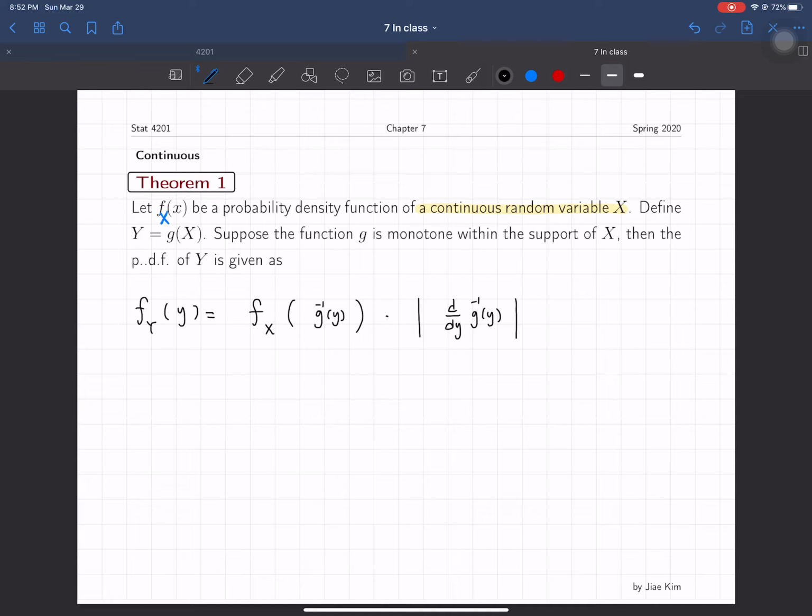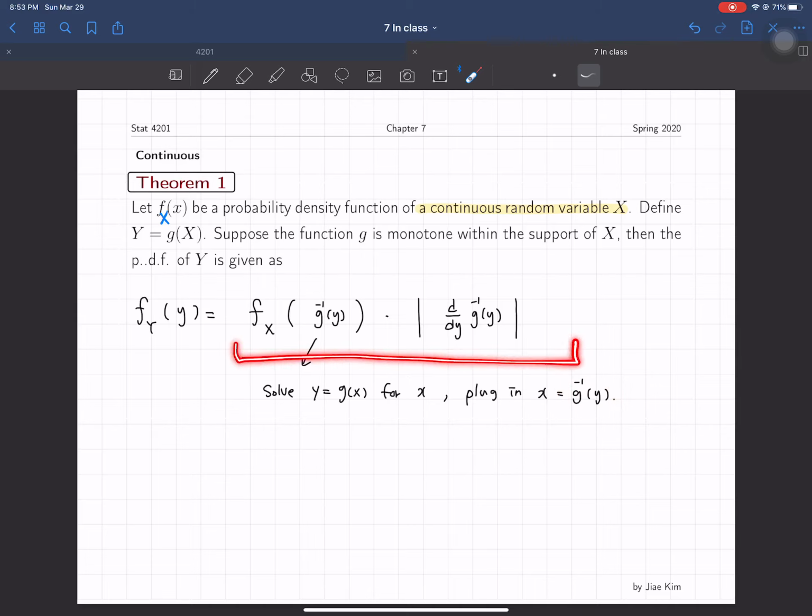Okay, so let me write down what each component is in words. What the expression on the right hand side is about is you solve y equals g of x for x and then plug in x in terms of y. You are replacing x in the PDF of x by the inverse of g, which can be expressed in terms of y.